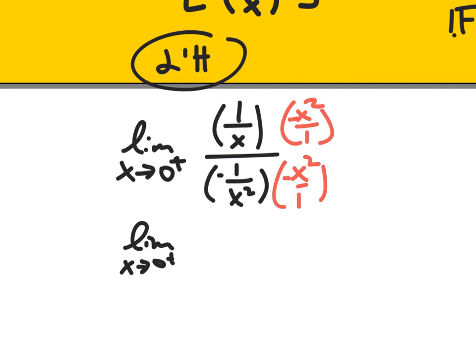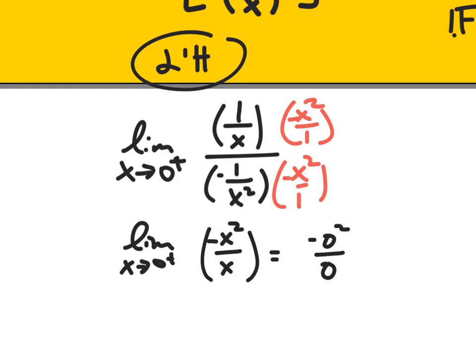What I will get is x squared over x. And when I do a direct substitution of 0, I get negative 0 squared over 0.